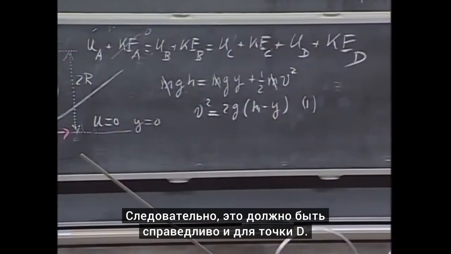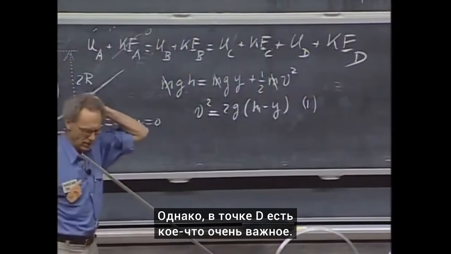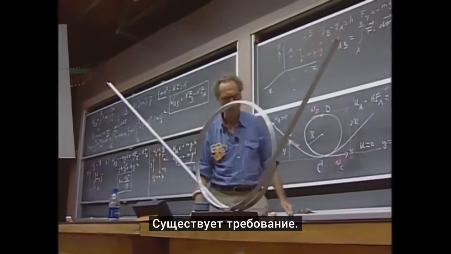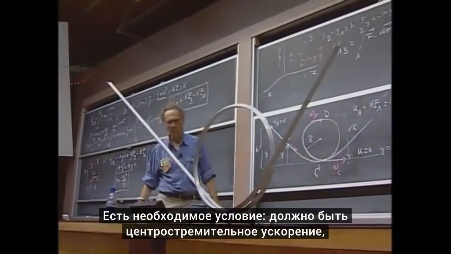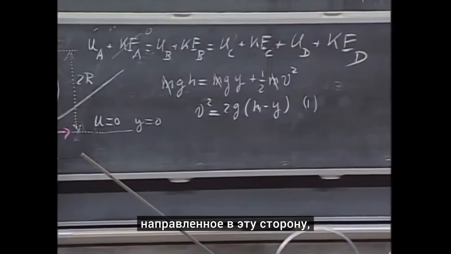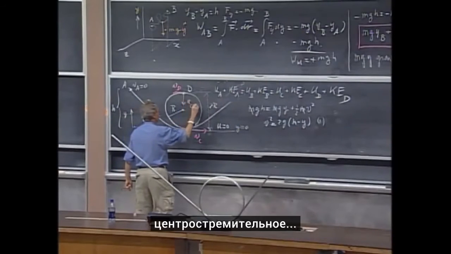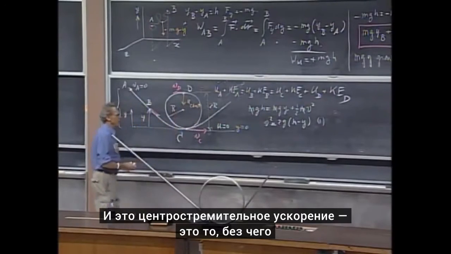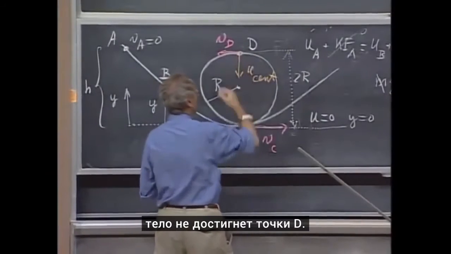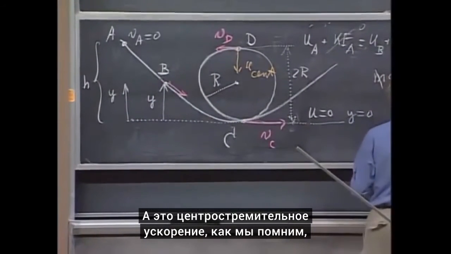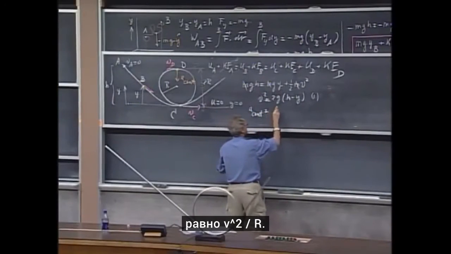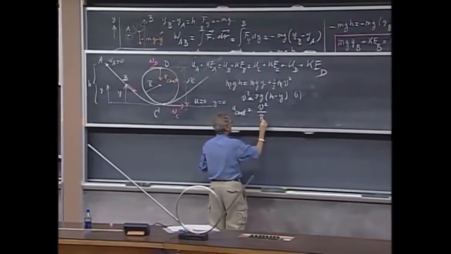Therefore, it should also hold for point D. However, at point D there is something very important. There is a requirement that there is a centripetal acceleration, in this direction, and that centripetal acceleration is a must for this object to reach that point D. And that centripetal acceleration, as we remember from when we played with the bucket of water, is v squared divided by r.